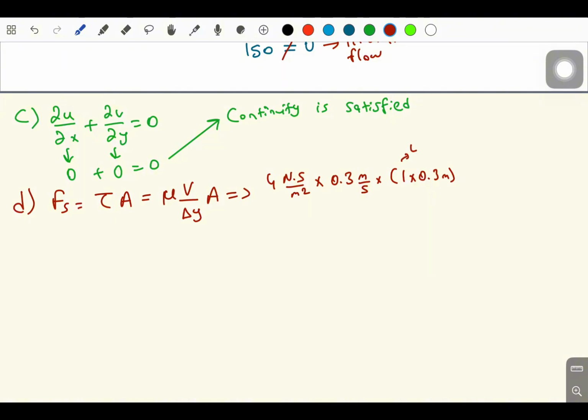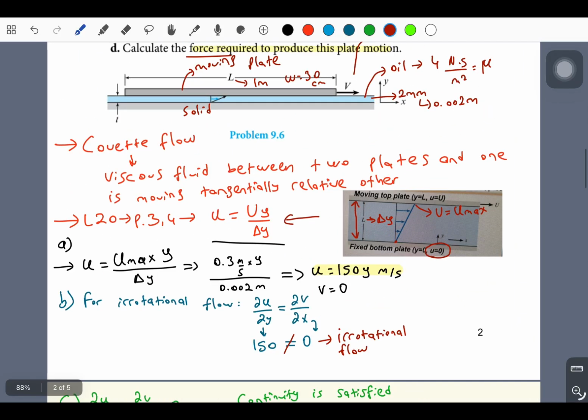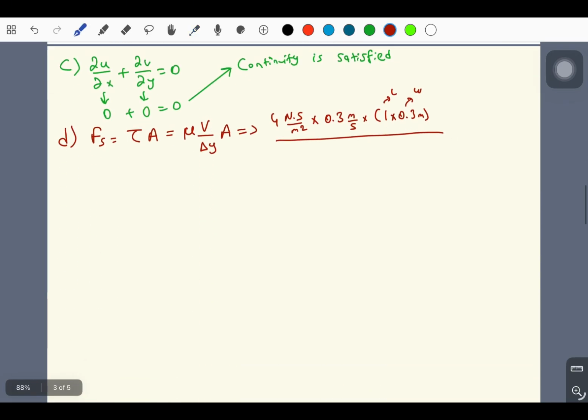This was the length and this was the width of the plate. When we divide it by delta y, which will be this distance or this distance, it is 0.002, and this gives 180 Newton.